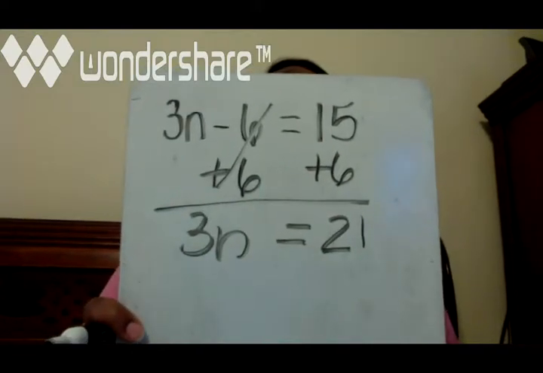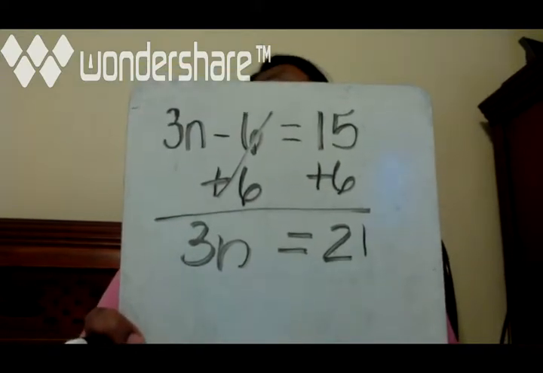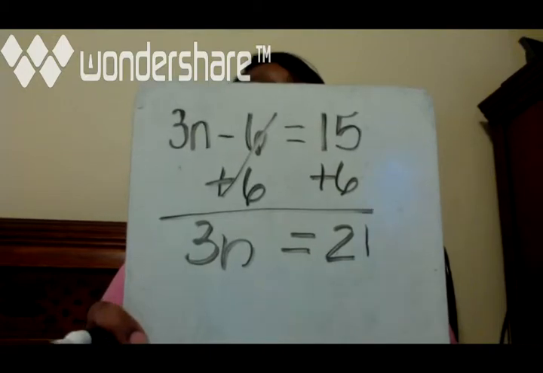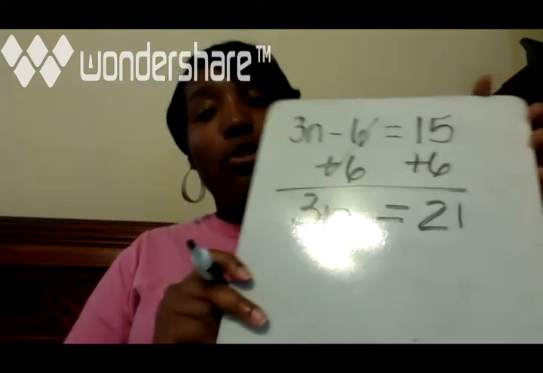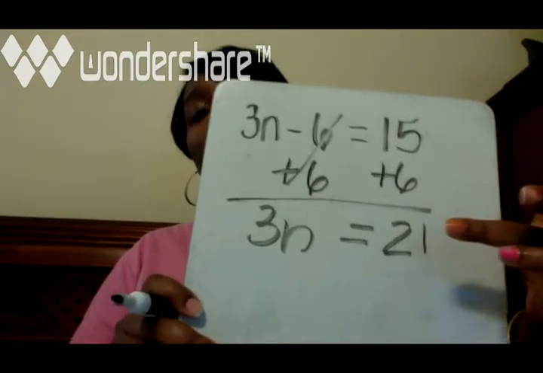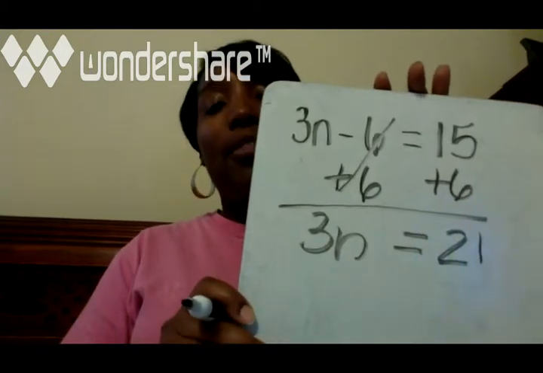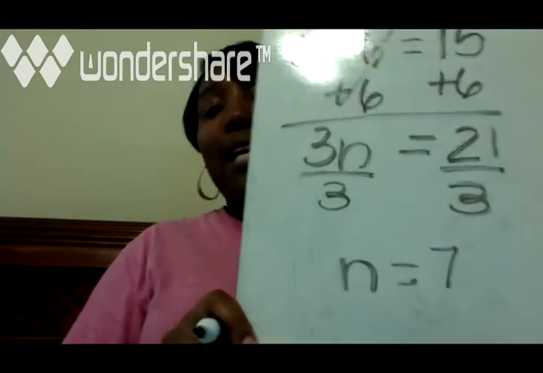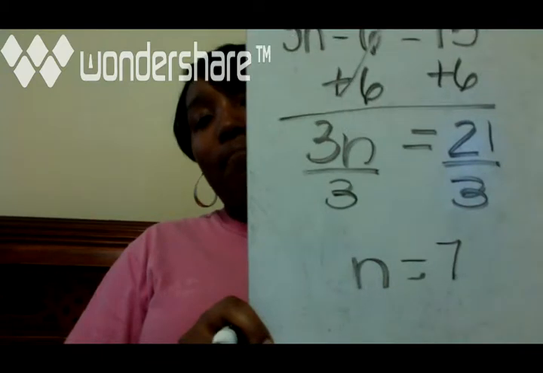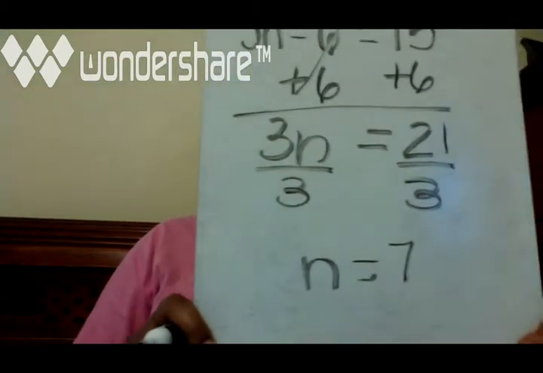So now I'm down to a one-step equation: 3 times n equals 21. So we have to divide by 3 on both sides. Therefore, n is equal to 7. We have solved for the variable.